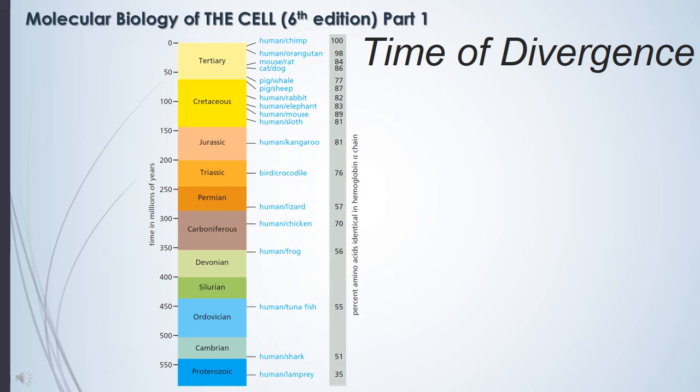Now, for example, humans and lamprey. I mean, come on, lamprey. It's an animal from the Proterozoic era. I mean, hundreds of millions of years ago. And yet, our hemoglobin alpha chain is 35% identical to that of lamprey. Scary.